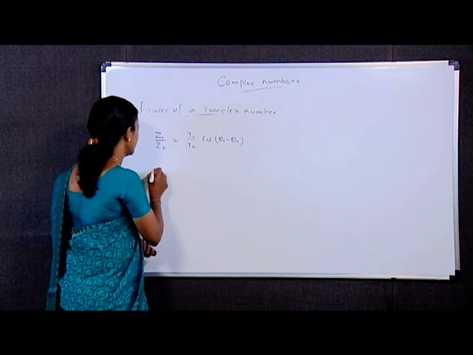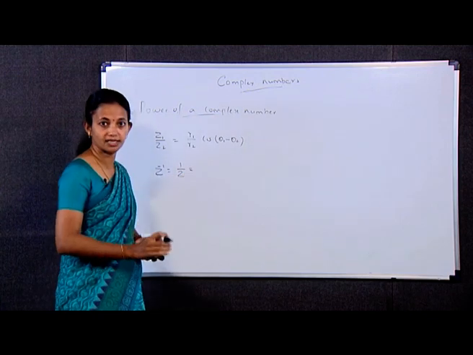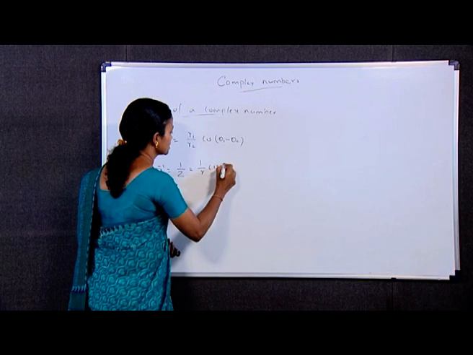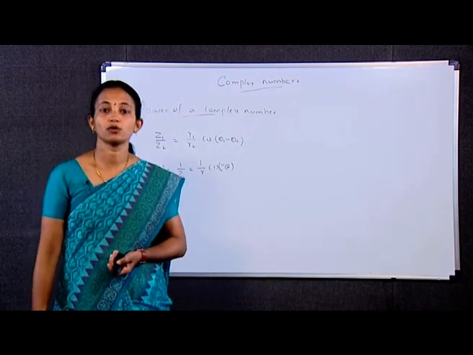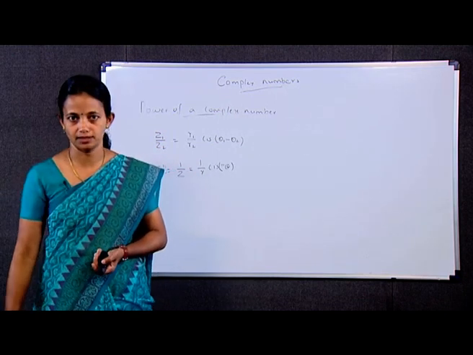That is, z inverse, 1 by z, is equal to 1 by r cis minus theta, which is equal to 1 by r (cos minus theta plus i sin minus theta).